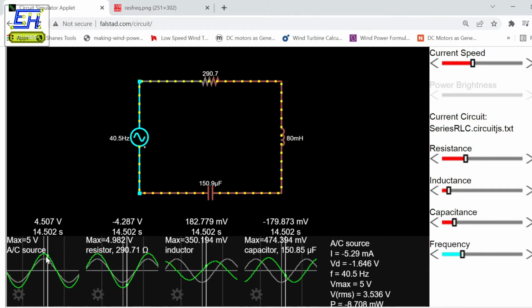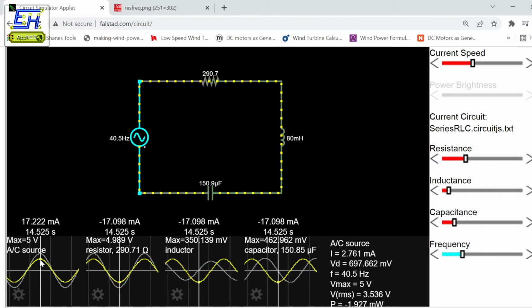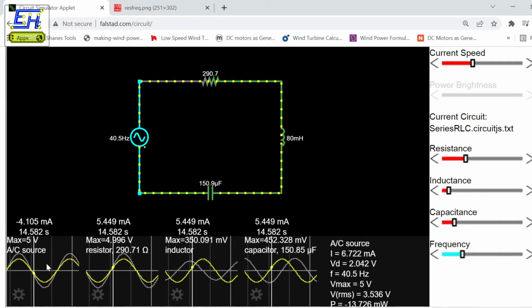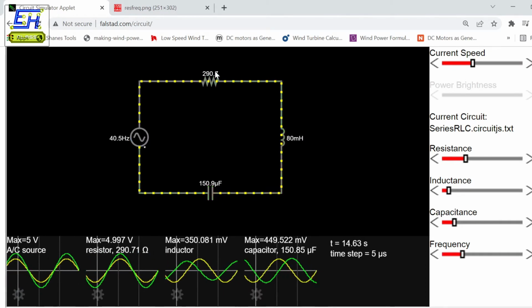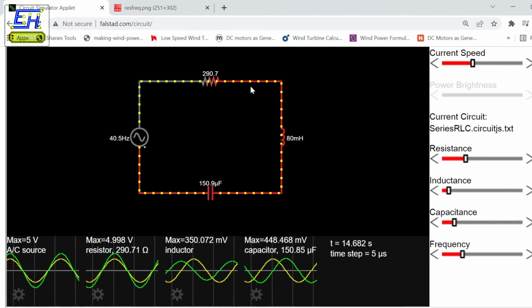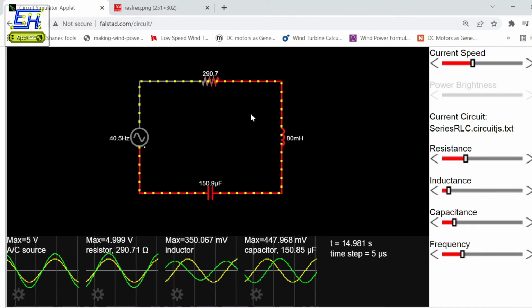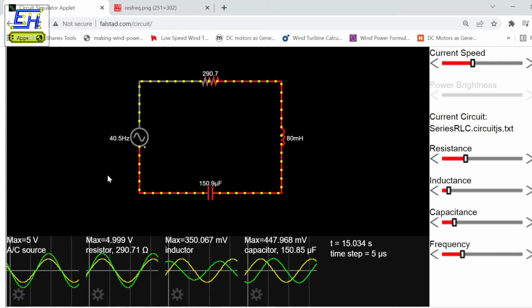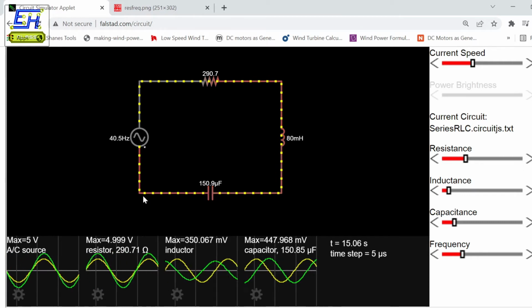The current waveform and voltage waveform are sitting on top of each other, having 0-degree phase difference. This is because now in the circuit the resistance is dominating. Therefore the weight of these elements combined will decide what effect will be experienced by this AC source.